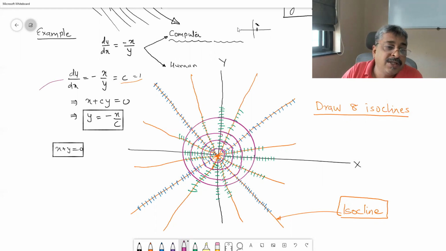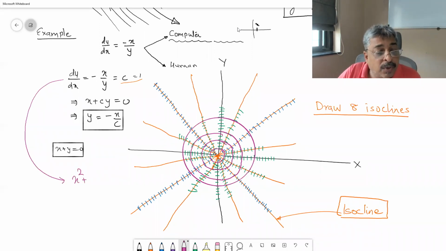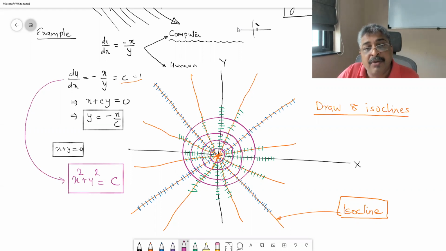It is a very easy differential equation to solve. It will give you x square plus y square is equal to some constant, and they are all concentric circles with different values of C. You will keep getting different circles.